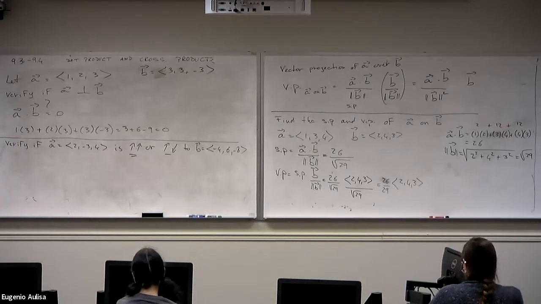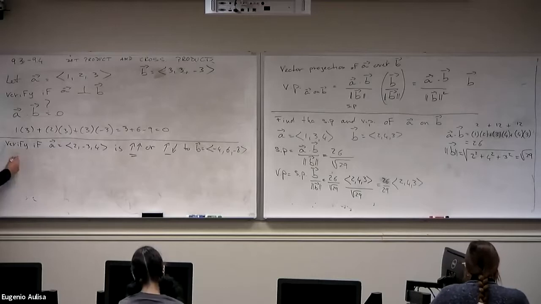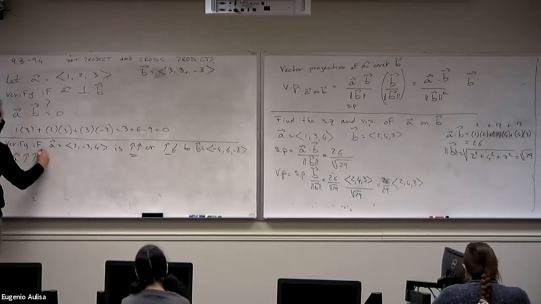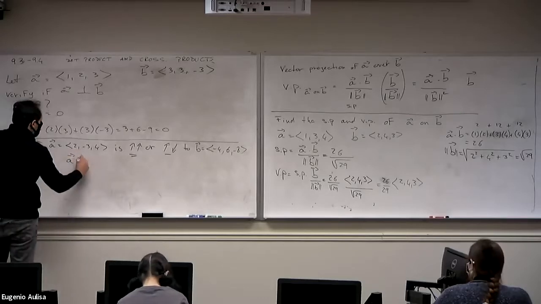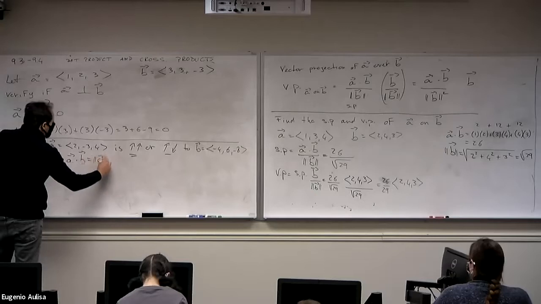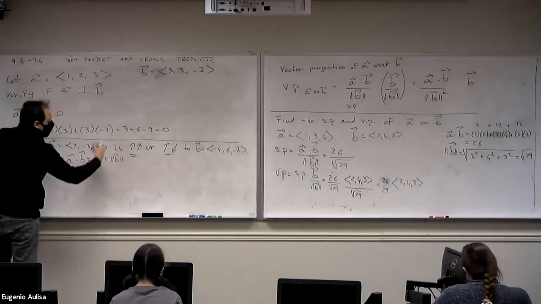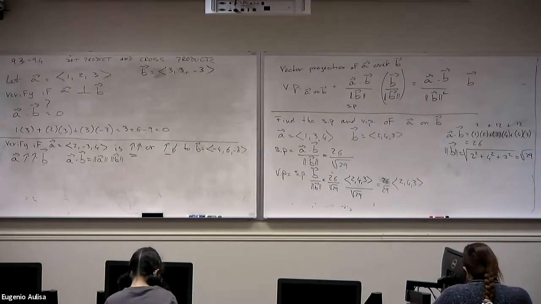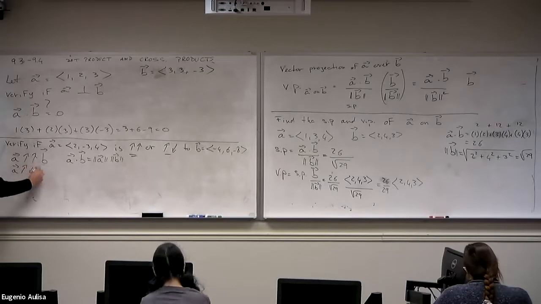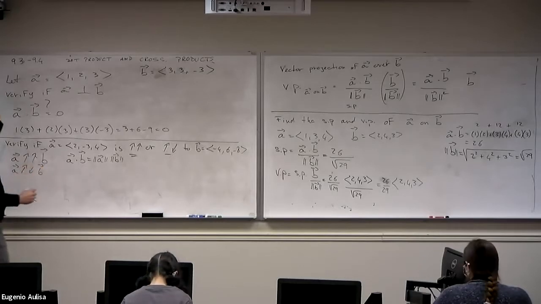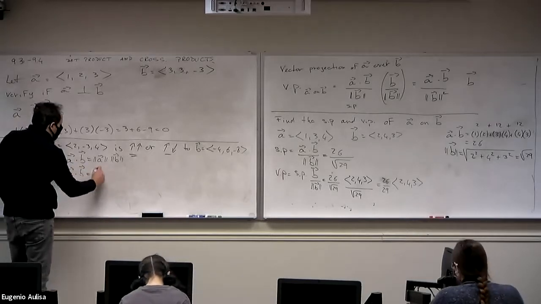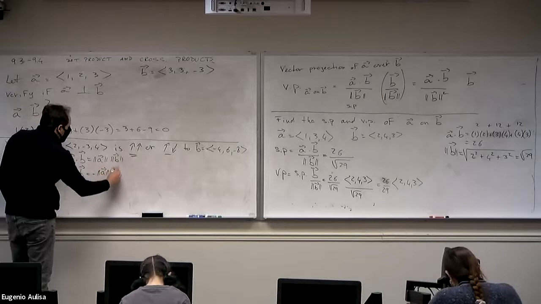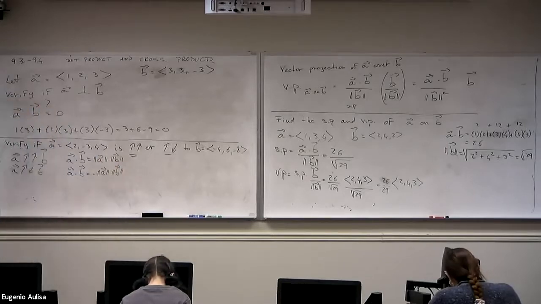So we check with the dot product that if A is parallel to B, then A dot B is equal to the size of A times the size of B times the cosine of 0, which is 1. And if A is antiparallel to B, then A dot B is equal to minus the length of A times the length of B, because cosine of phi is -1.